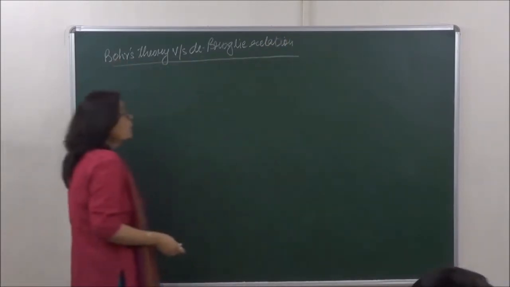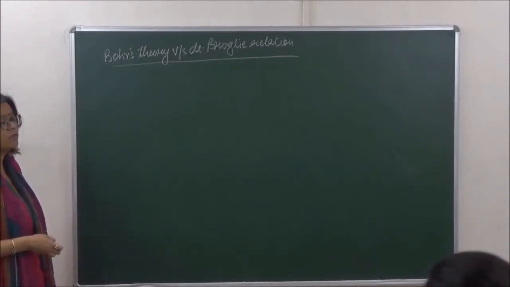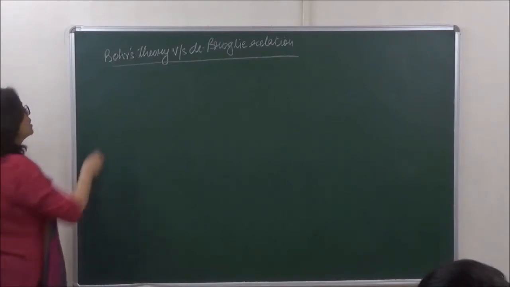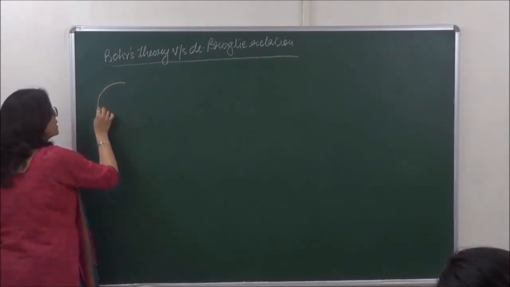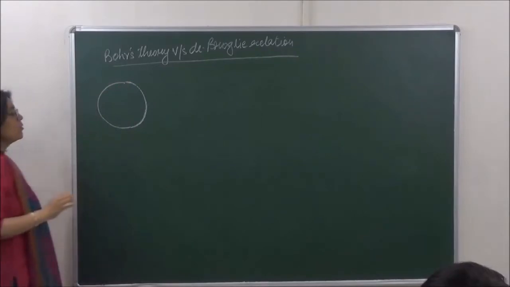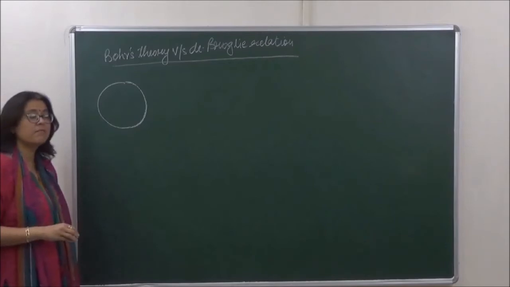Now when we are talking of Bohr's theory, Bohr gave us the concept of circular orbits, circular paths in which the electron was moving around the nucleus. So if we are considering the path of an electron, according to Bohr, the path of an electron is given like this. Whereas de Broglie said that the electron moved in such a manner that it behaved as a wave as well.